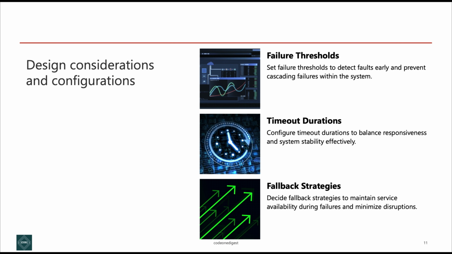Timeout is a duration it waits for that interval to move into a half open state. And third is the fallback strategies. If the circuit breaker is in open state, then this fallback method responds back to the calling service with the appropriate message so that the calling service acts accordingly instead of waiting for a response from a failed service. We'll see this configuration in our implementation.